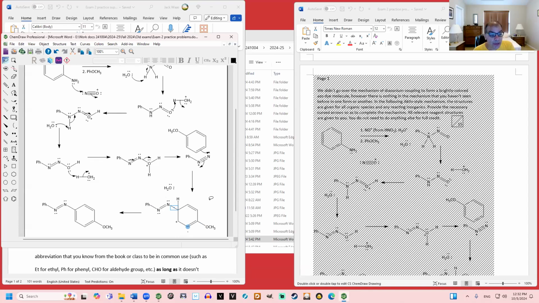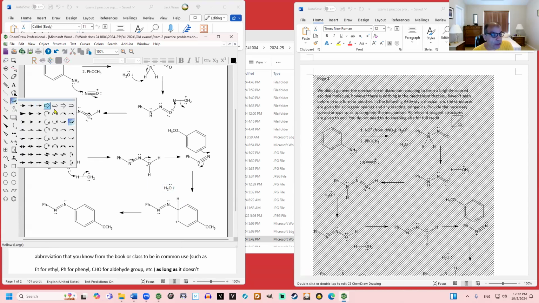So we get now this intermediate. This is a resonance stabilized carbocation, but we want to restore aromaticity to the ring. And in so doing, we need to remove that proton, just like we've always done in an electrophilic aromatic substitution reaction. Unlike in the electrophilic aromatic substitution reactions we went over, we've actually got water around.